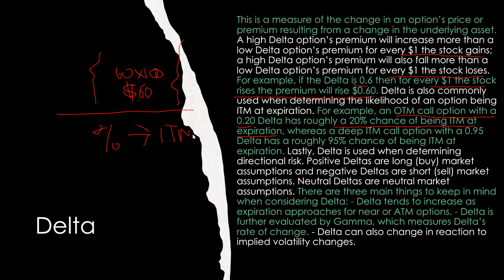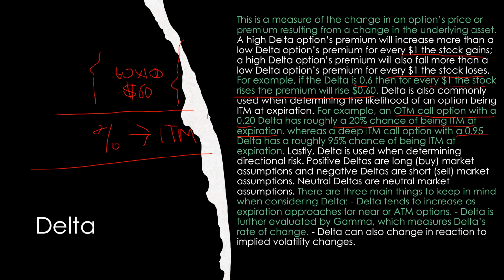So delta has 2 huge things that it's telling you on these options contracts. A deep in the money call option with a 0.95 delta has roughly a 95% chance of being in the money at expiration, and it also goes up $95 per $1 that the stock goes up.